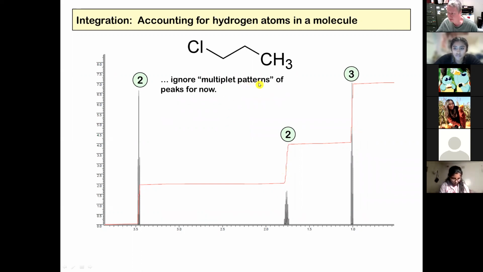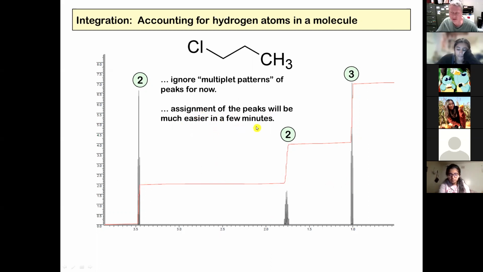Ignore the multiplet pattern. What's the multiplet pattern? See how this is called a triplet. There are 3 peaks here. This is going to be called a pentet or a hextet. It's the number of peaks inside, and this is also called a triplet. That's something later in the chapter, so let's ignore that for now. Also, the assignment of the peaks will be much easier in a few minutes.